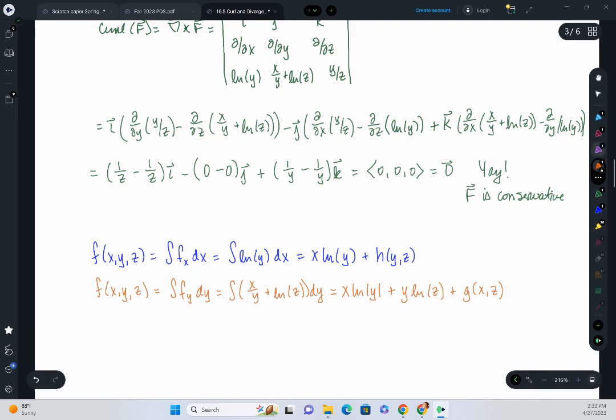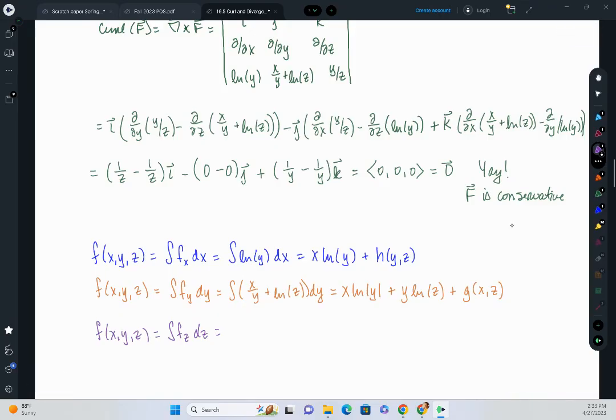Okay, last but not least, f of x, y, z could be that we're going to integrate f sub z dz. And maybe we'll get more parts, maybe we'll just get some repeats. So f sub z was just y over z, so we're integrating y over z dz.